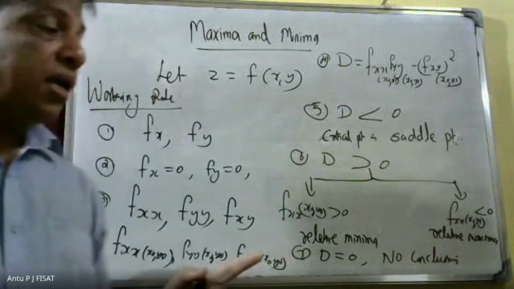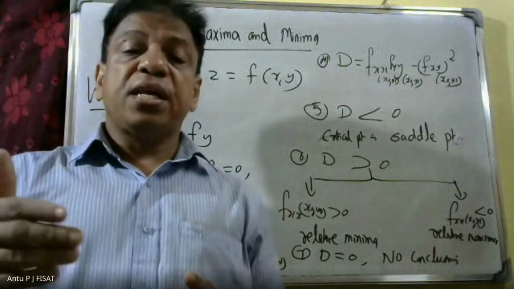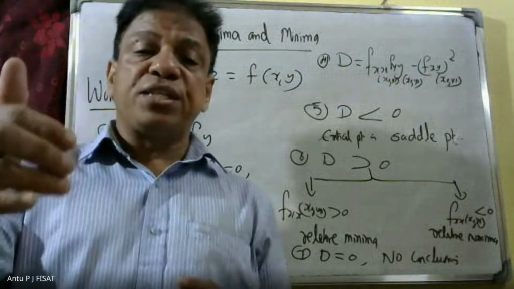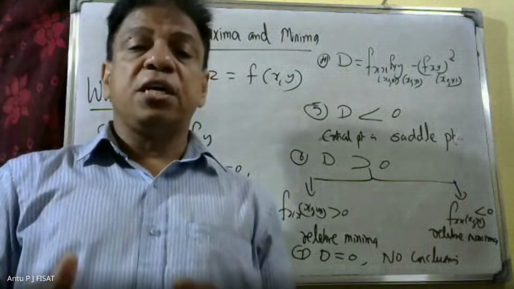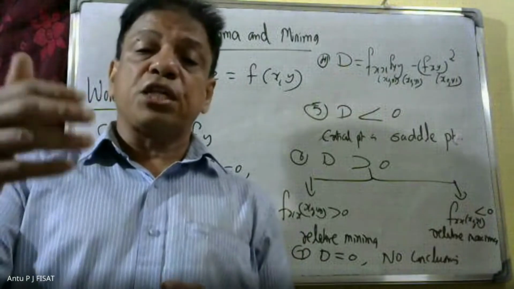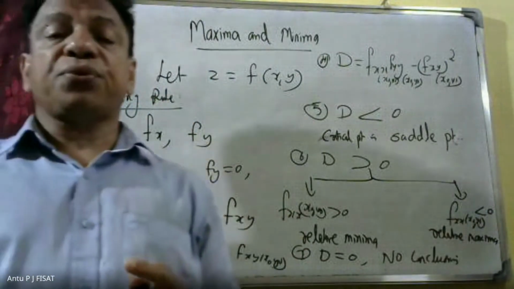Then calculate fxx, second order partial derivative, fyy, then fxy. Calculate fxx. We partially differentiate fx again with respect to x, partially differentiate fy again with respect to y, partially differentiate fx with respect to y. Then we get fxx, fyy, fxy.